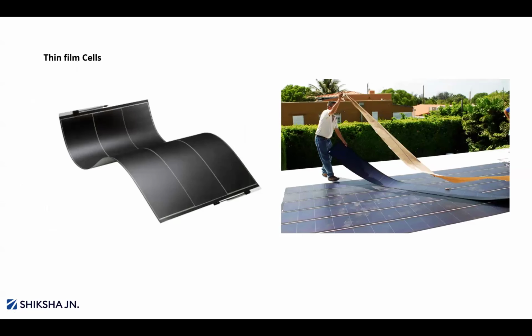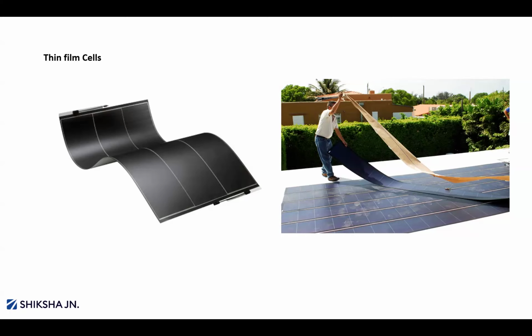You can see thin film cells. Thin film cells are like this. So it is flexible, so wherever the proper area is not available, or you have a very large area. For thin film cells, if you want to set up a solar power plant, you require four times higher space compared to mono or poly, because its efficiency is 7 to 10%, I think.